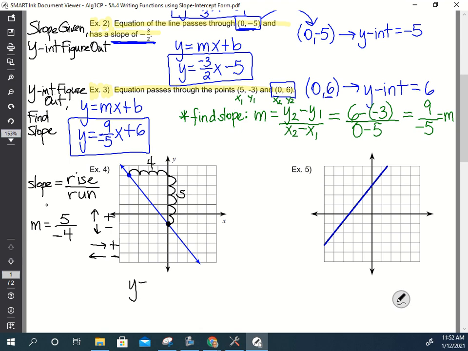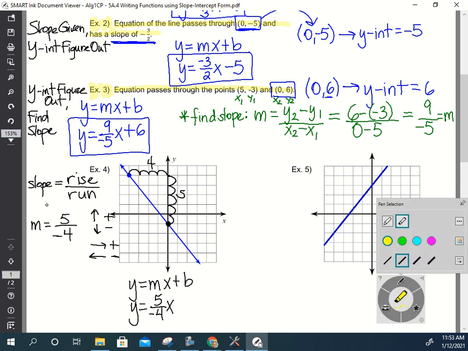So we know one part of the answer. Now we need the y-intercept. Here's how we get the y-intercept. Go to the y-axis, and we identify the point on the y-axis. So there's the y-intercept.